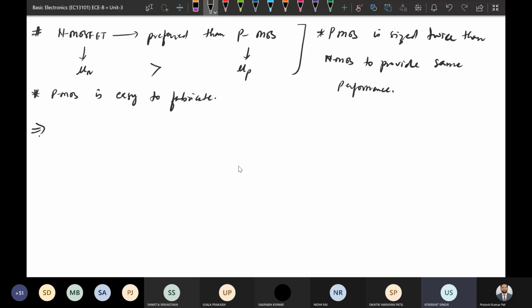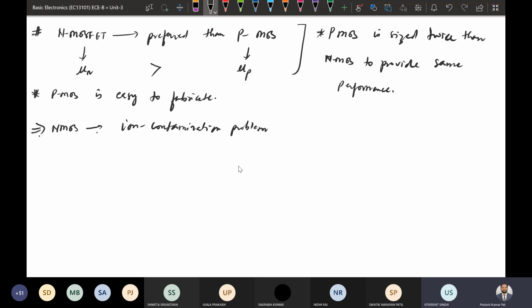In case of fabrication, the PMOS is easy to fabricate, and why? Because in NMOS there is a problem called ion contamination problem. While in fabrication, there is no ion contamination problem in case of PMOS.